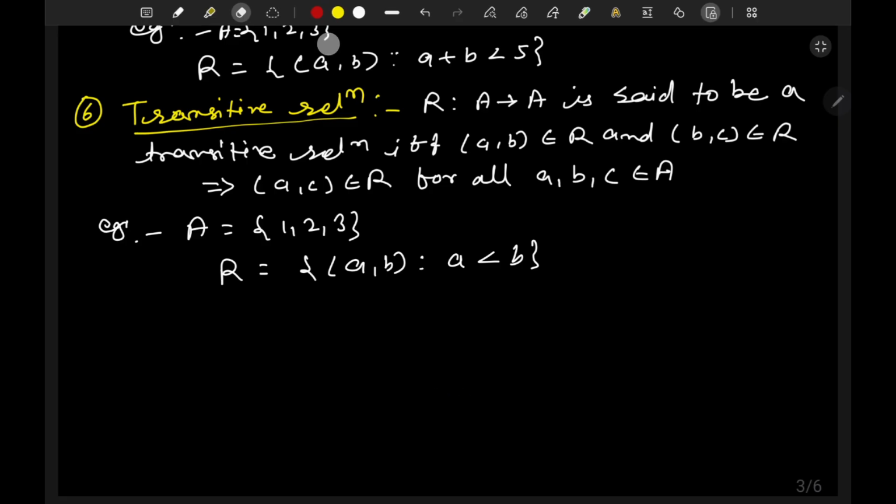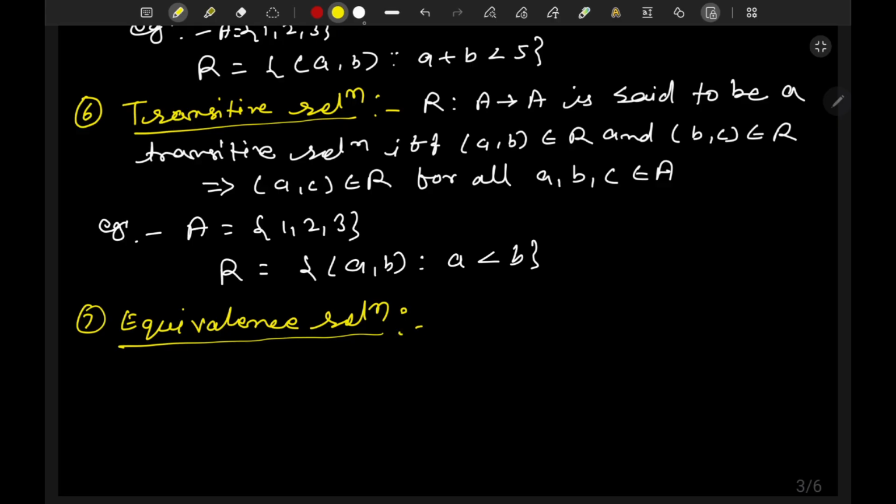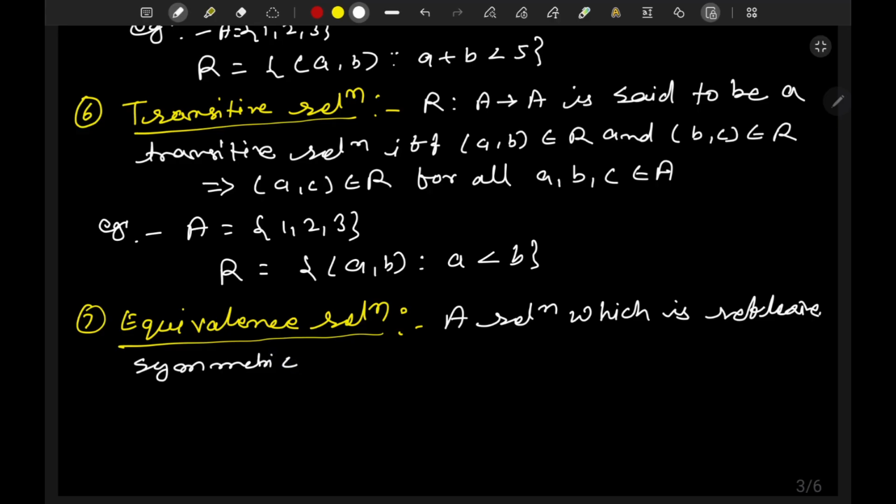Now the equivalence relation. A relation which is reflexive, symmetric, and transitive simultaneously.